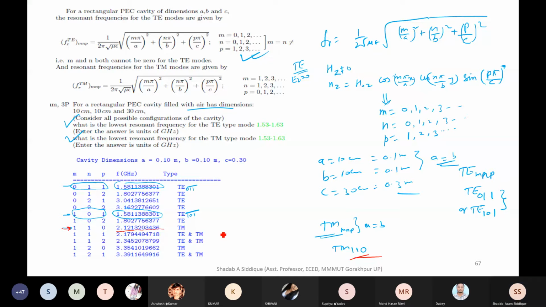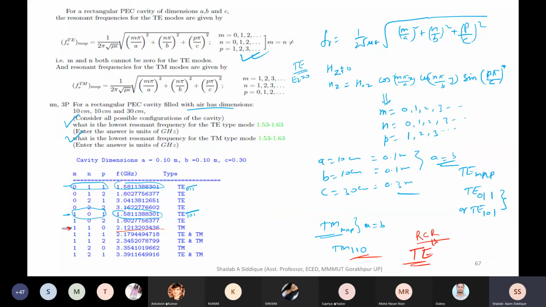Okay. So from this analysis, the next are the higher values. It is clear that for the rectangular cavity resonator, we have the least cutoff frequency for the TE mode, not TM.